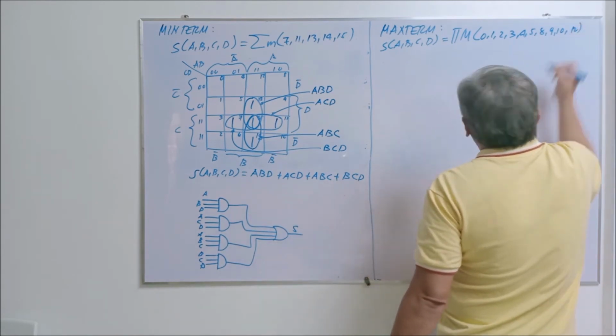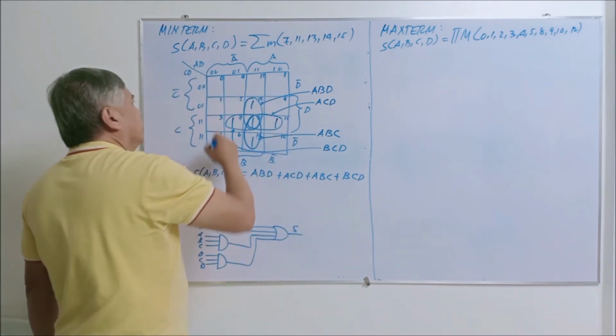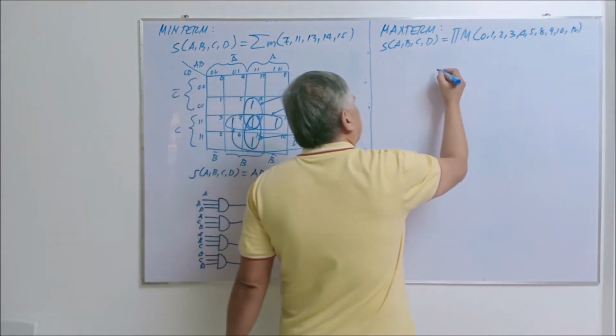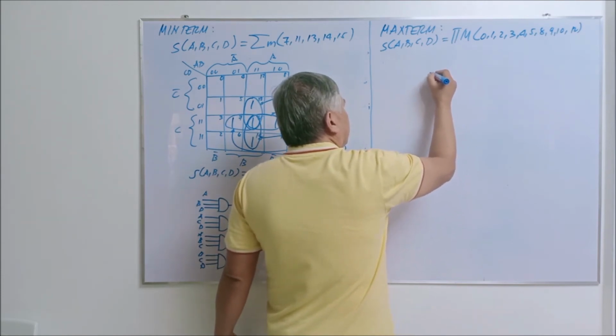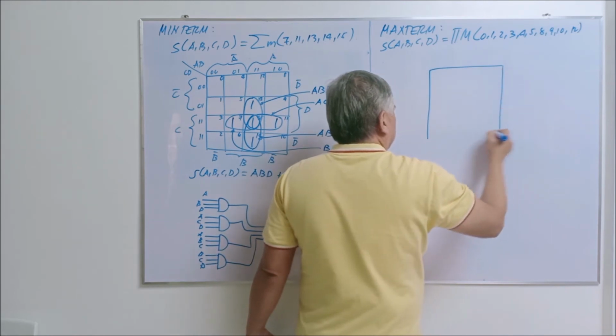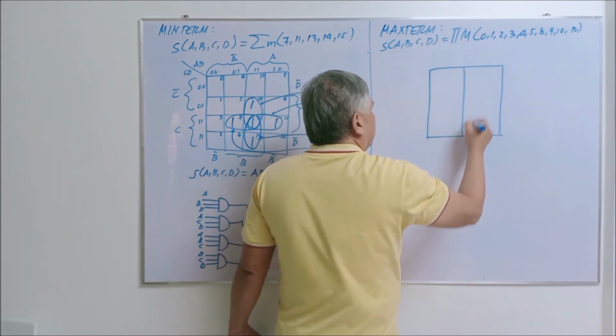Okay? That is our max term, vacant cells. So what will be our K-map representation? So we draw again a map with 16 cells.